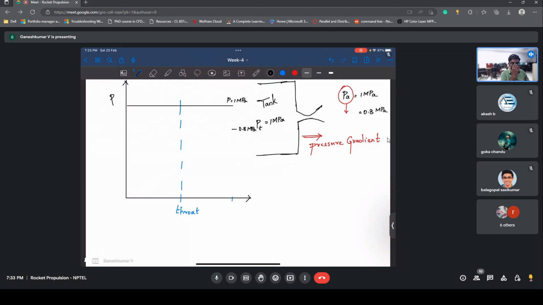Now, how does the fluid know that the exit pressure has reduced? Because the pressure wave travels from the downstream to the upstream, right?